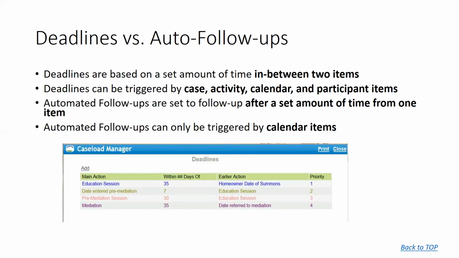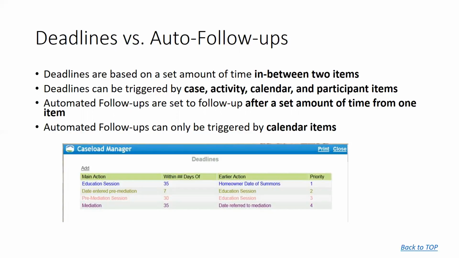So let's say the first action, I'm on the green line now, I'm on the second one, has the date entered pre-mediation, has that happened within 7 days after their education session? So let's say people go through an education session where they have mediation explained to them. Then after that, they have 7 days to schedule and have a pre-mediation.